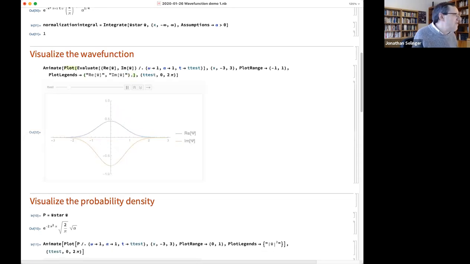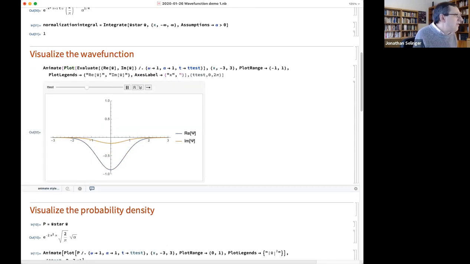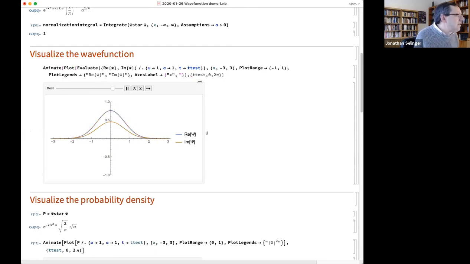Okay, so I'll say axes label, go to, how about x and, oops. Escape. This is a trick for writing Greek letters.